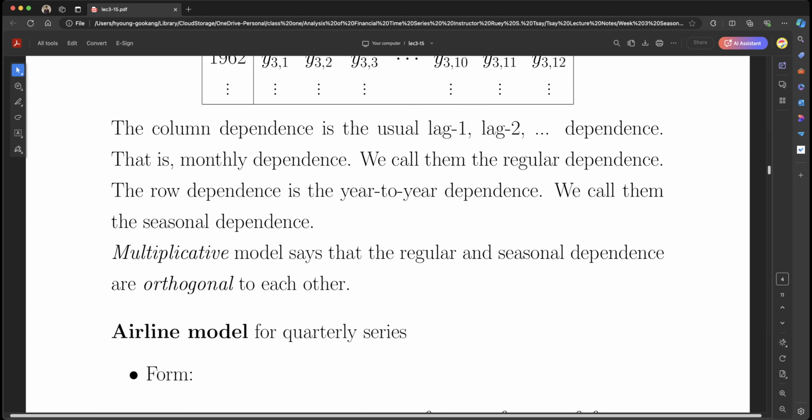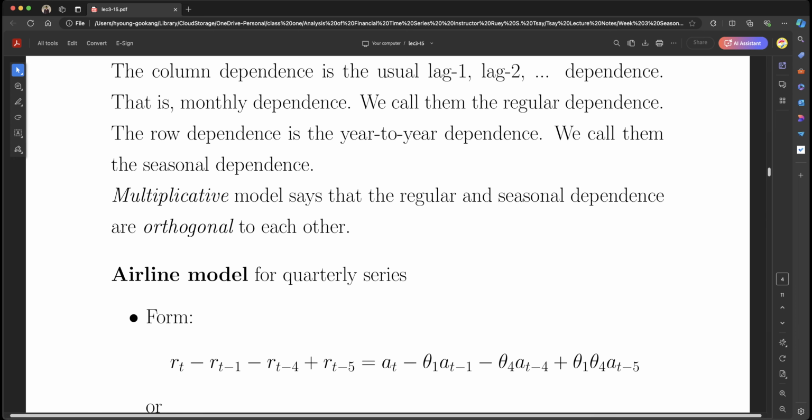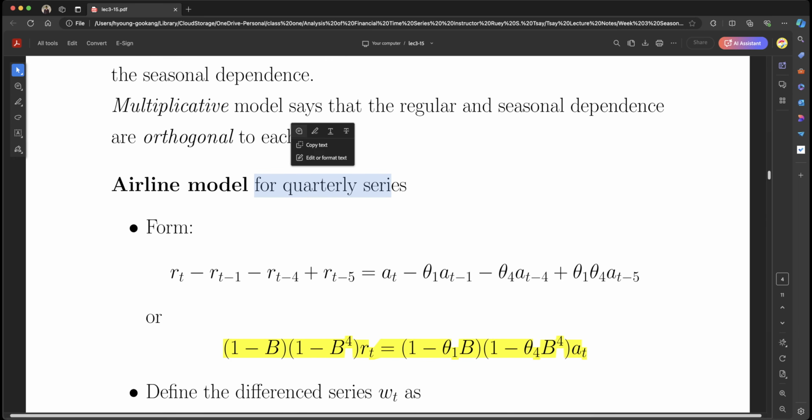Okay. Now the airline model for a quarterly series. The airline model is famous. r_t minus r_{t-1}, the quarterly dependence, and then r_{t-1} minus r_{t-4}, and t minus 5, for a quarterly series. So it models the monthly dependence, and then the monthly dependence again depends on quarterly.